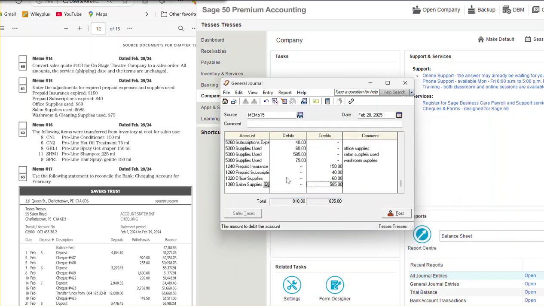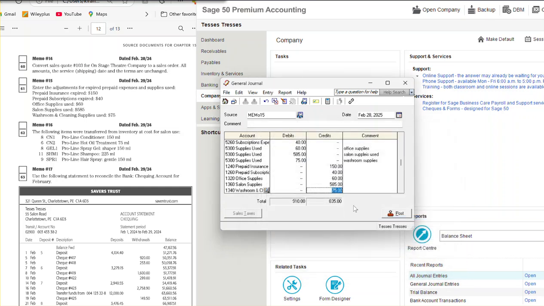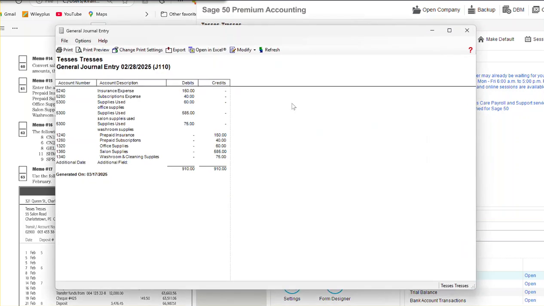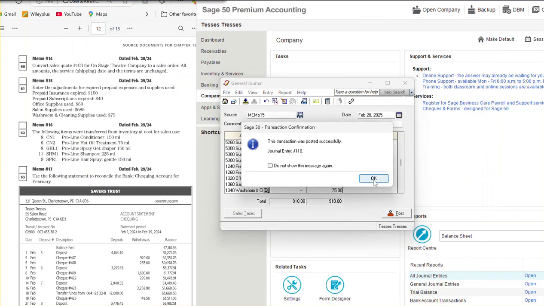And we have a 75 as my last one. Where was that? Washroom and cleaning supplies, and that was your 75. And our entry balances, so your entry should look like this. Seems right. I will post this transaction.